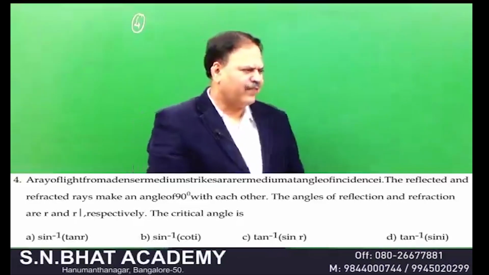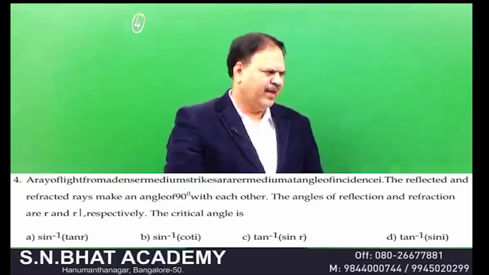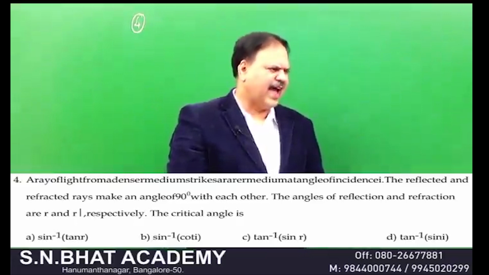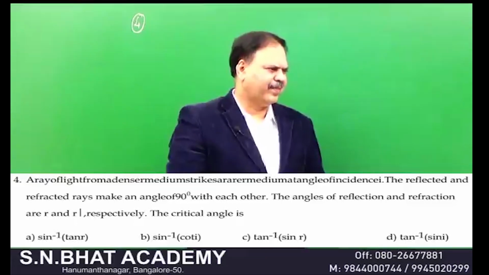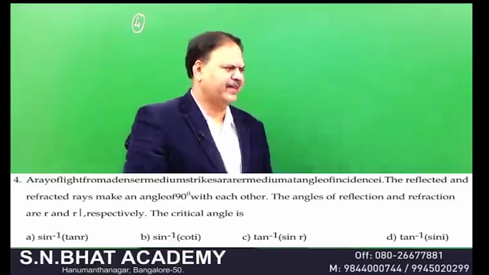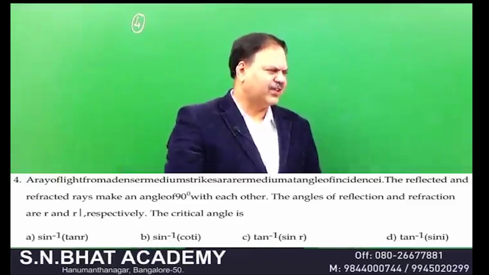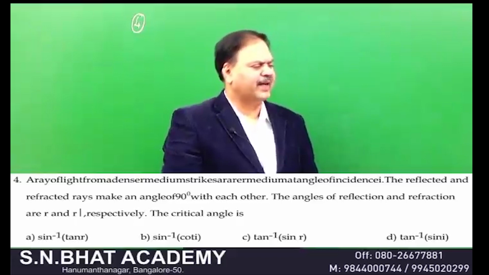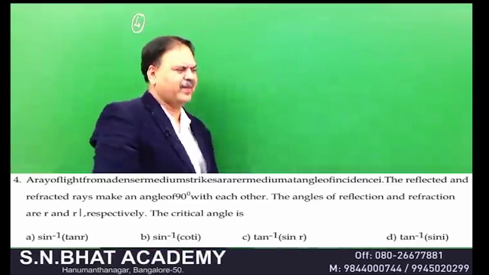A ray of light from a denser medium strikes a rarer medium at an angle of incidence I. The refracted and the reflected rays make an angle of 90 degrees with each other. The angle of reflection and the angle of refraction are perpendicular and smaller respectively than the critical angle is.